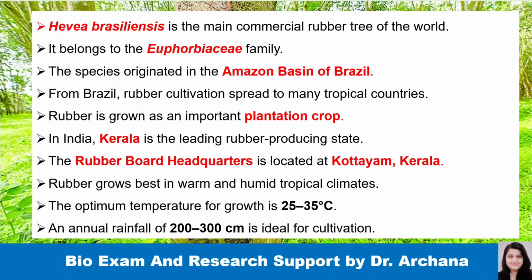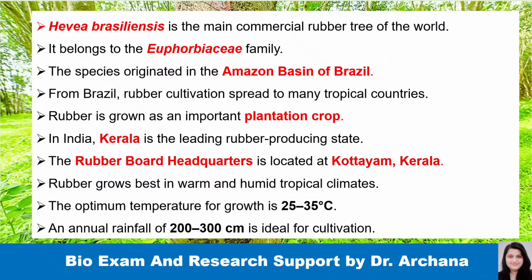Now there are some important points that you can remember. Hevea brasiliensis is the main commercial rubber tree of the world, and it belongs to the Euphorbiaceae family, and the species originated in Brazil. Rubber is grown as an important plantation crop.